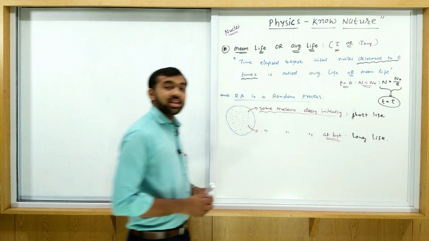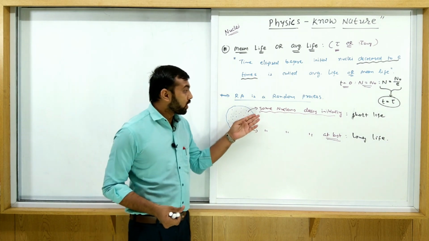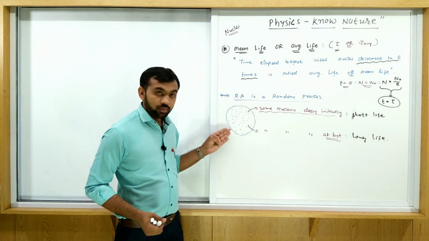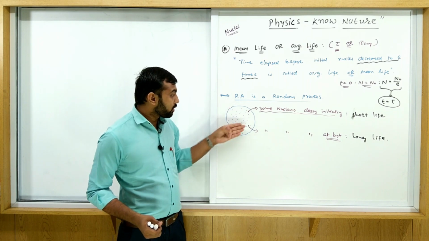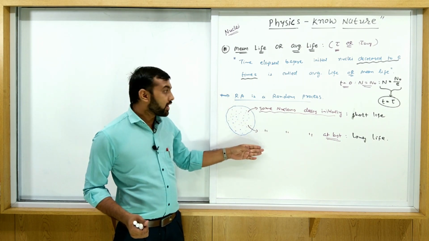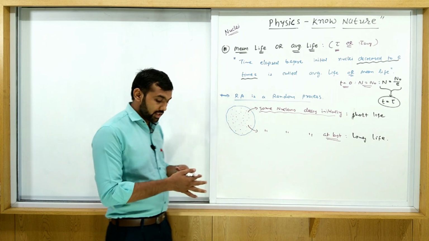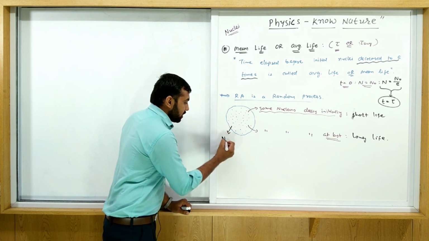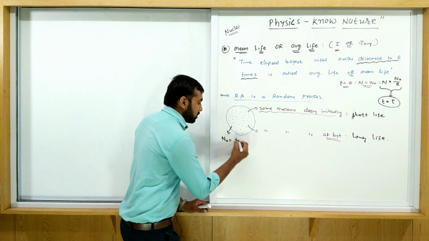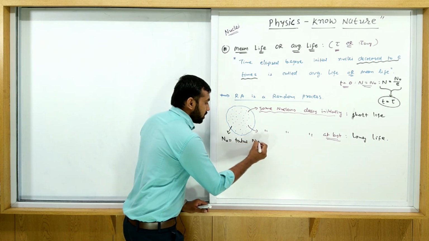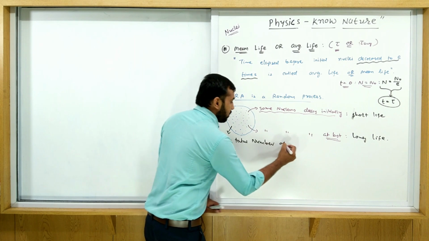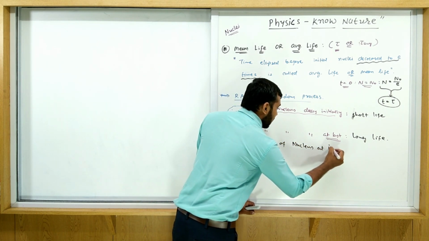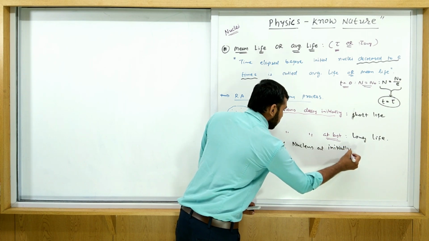So what is the average life? Average life means the sum of the lives of all nuclei divided by the total number of nuclei. Let's consider N0 is the total number of nuclei initially.